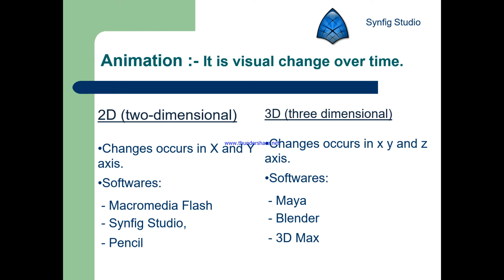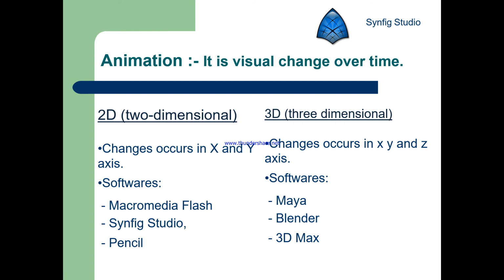They have changes in the x and y axis, width and length, that we call two-dimensional. Another example is the blackboard of your classroom.